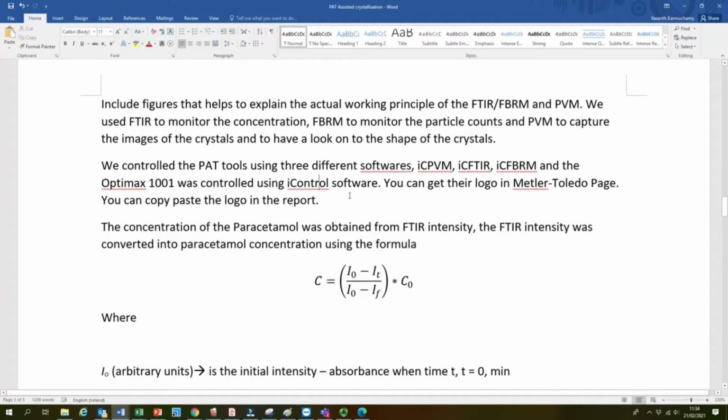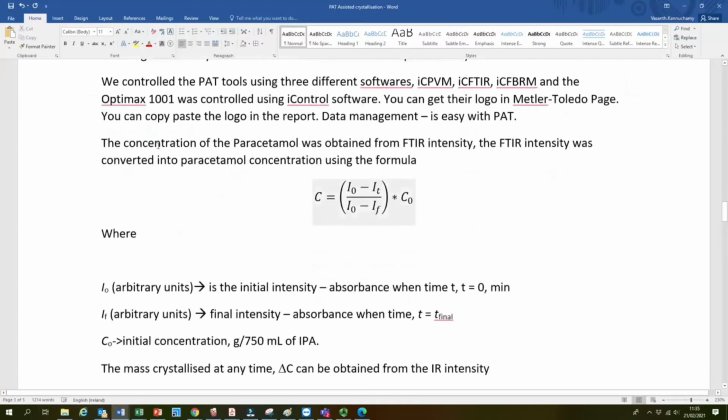So that's why I talked a bit about this data management aspect. So try to include how data management is easy with PAT. That's one of the main advantages of PAT as well.